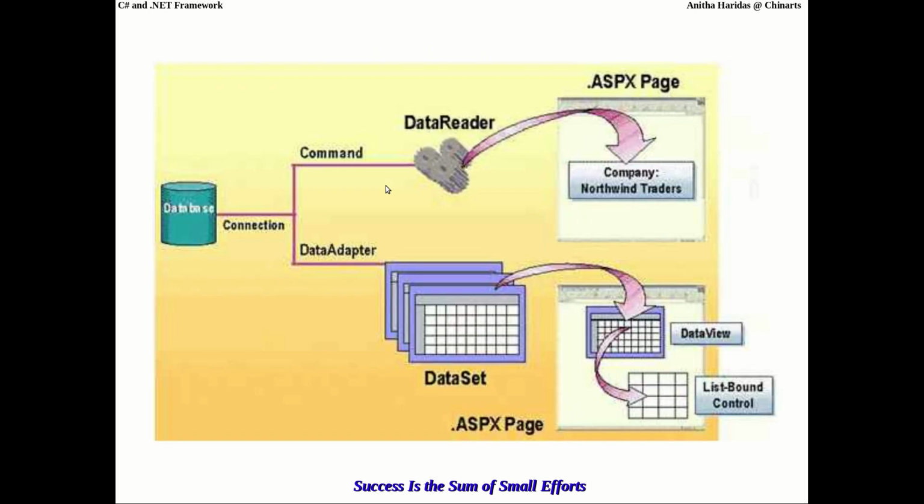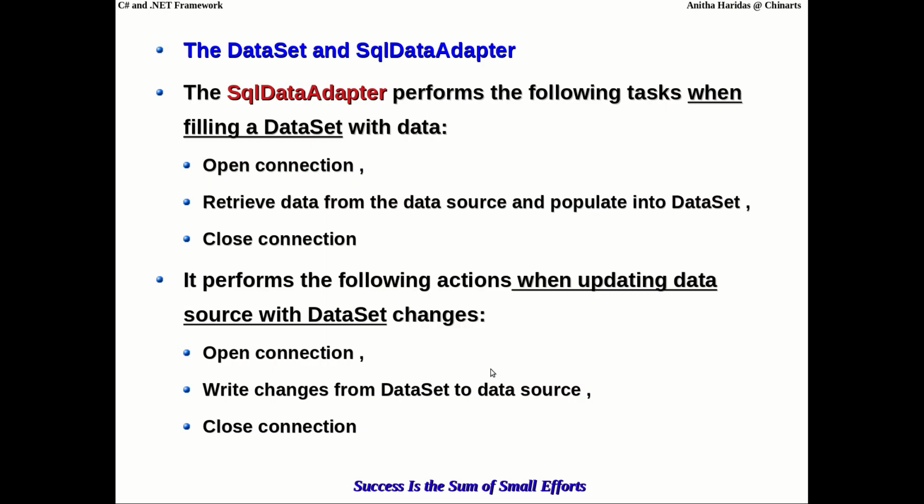As the diagram shows, the data adapter is the one that fills the data in the data set. It will open a connection to the database and retrieve the data from the data source, and it is the one which will populate the data into the data set. Then it closes the connection.